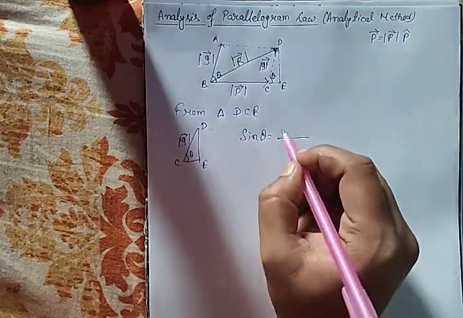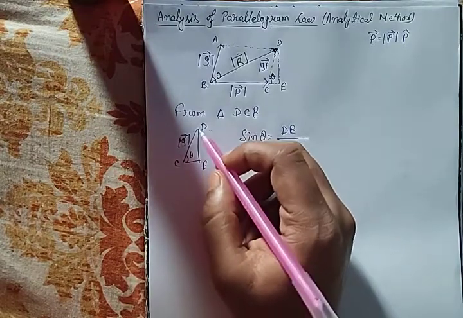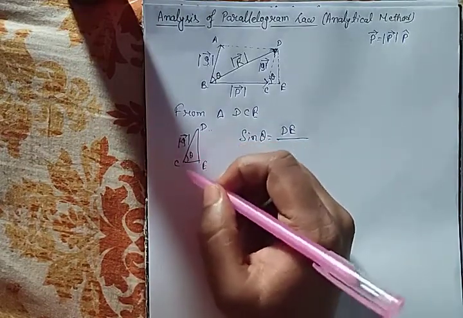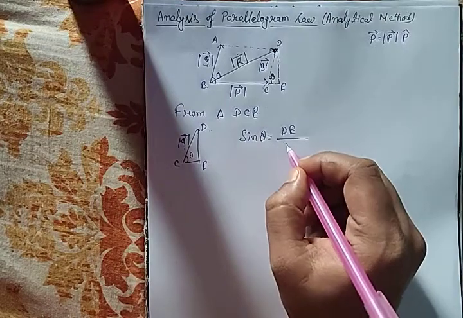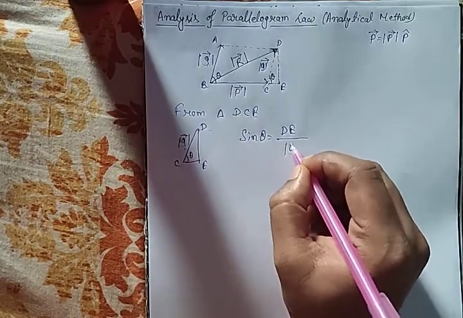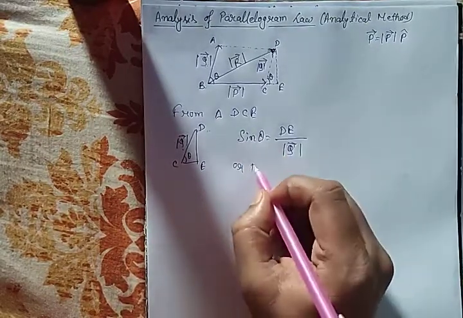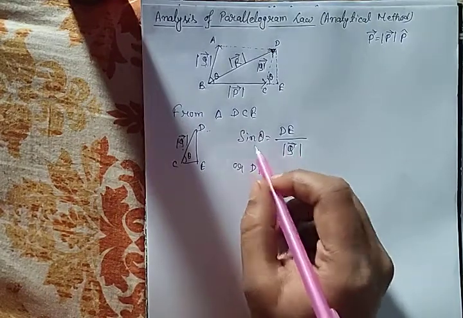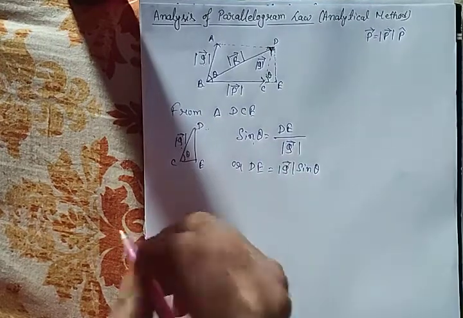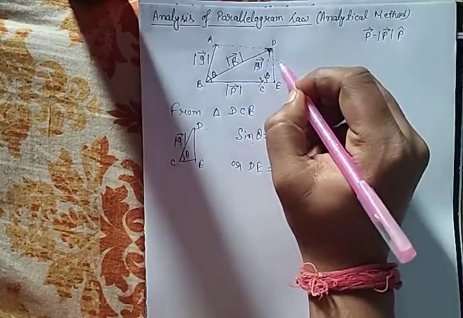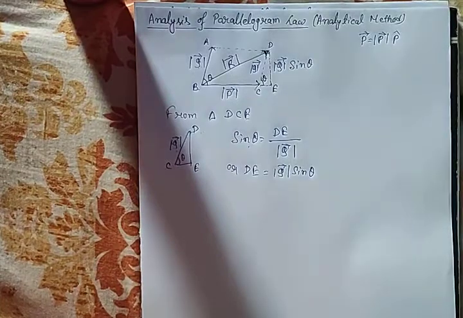The perpendicular here is DE, and the hypotenuse is CD, and the value of CD is mod of Q. So from here you can say that sin theta is equal to DE by mod of Q. Cross multiplying, DE is equal to mod Q sin theta. So we have found out the value of DE: mod Q sin theta.